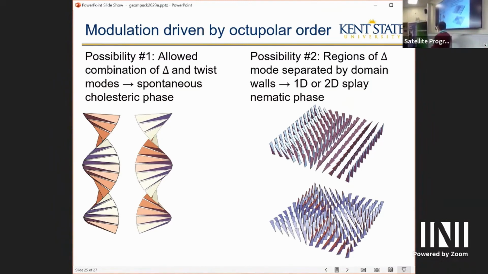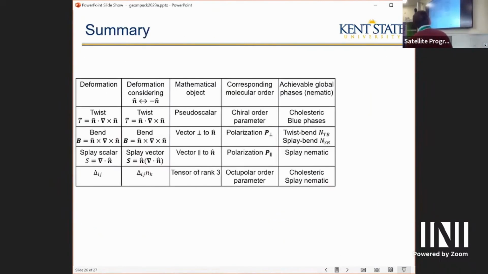It could stabilize a cholesteric phase where you would have a favorable delta mode and the twist just comes along. So it could be right-handed or left-handed randomly, or it could be one of these more complicated structures with domains and walls. So with this here, let me just show a table to summarize this whole story.